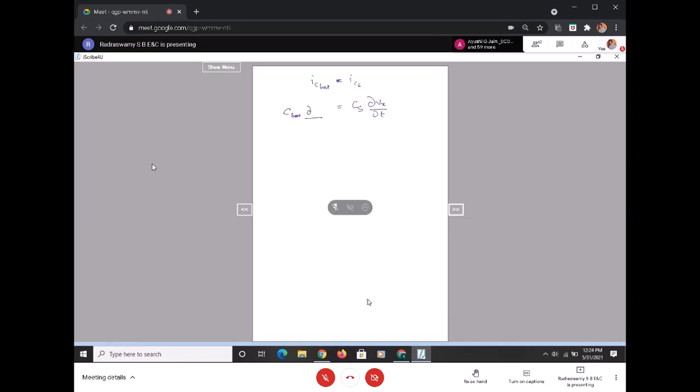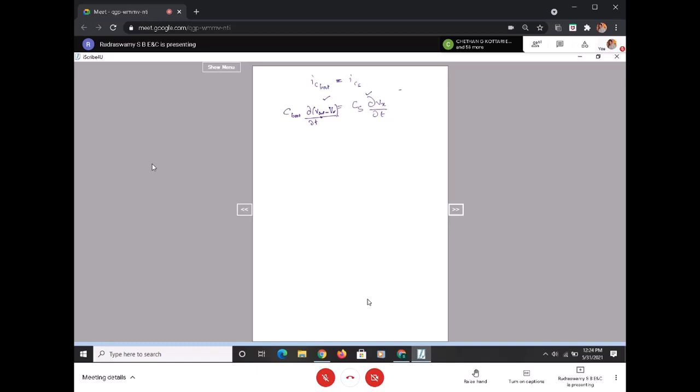I can write it as d by dt into V out minus Vx. Can I write or not? This is the current through the boot capacitance. This is the current through the CS capacitance.